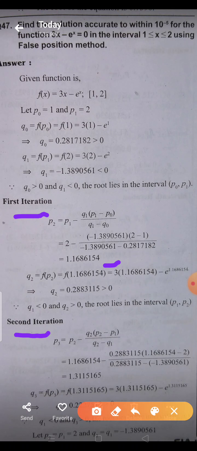P3 is equal to 1.1686154 minus 0.288315 into 1.1686154 minus 2 by 0.288315 minus of minus 1.3890561. Therefore P3 is equal to 1.3115165.